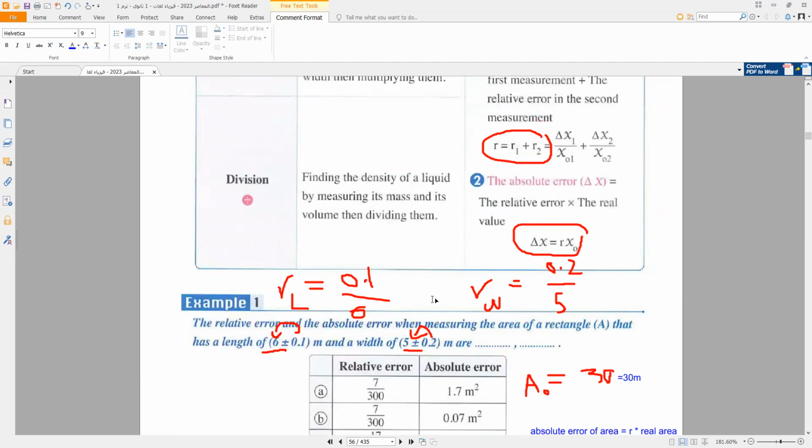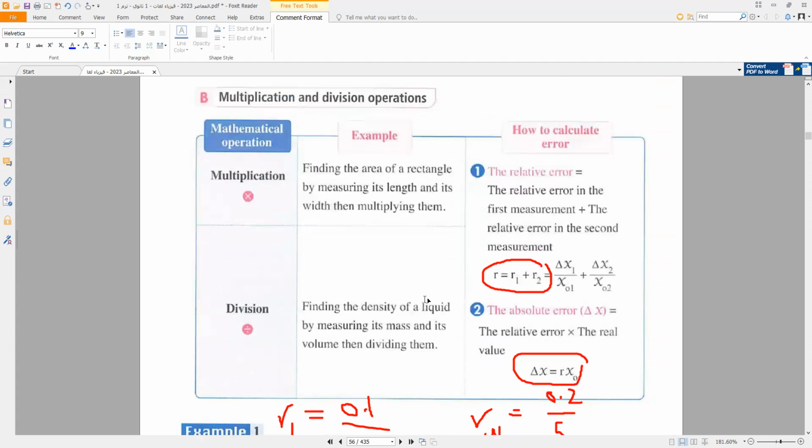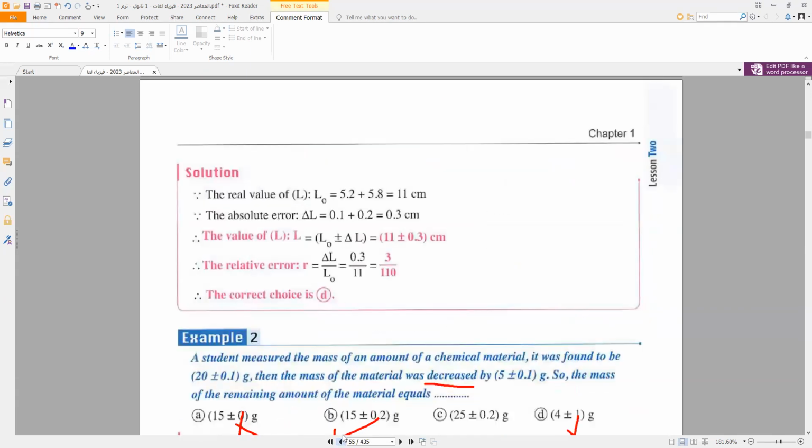Okay, so if you have two different processes, multiply or division, you must get the relative error firstly and then the absolute error. If you have a process of adding or subtracting, you must get the absolute error and then the relative error.